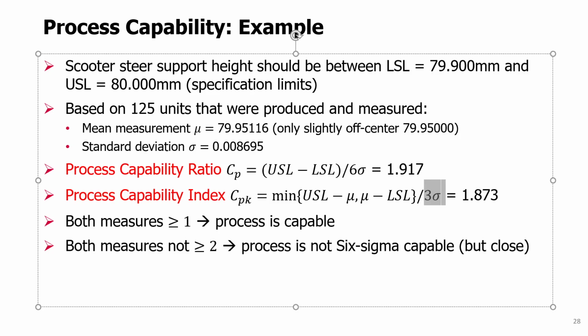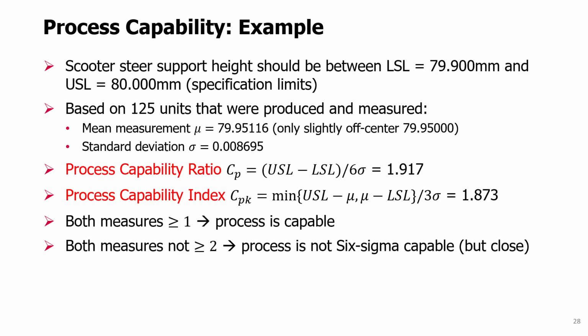Because our mu is slightly above the mean, this is going to take this value and divide by 3 sigma and get slightly less than 1.9. It's 1.873. This means the capability here is a little bit smaller than required by Six Sigma, but it's quite close, and we will probably have very few defects per million opportunities. The number of defects would be quite small.